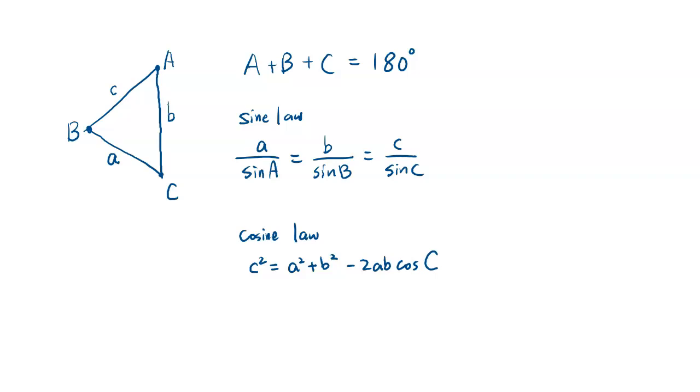Right, the sine law is rather easy to remember. It's very symmetric, right? Cosine law looks a little more complicated than the sine law, so many people have trouble remembering this. Well, think of it this way. Cosine law is an extension of the Pythagorean theorem, which is c squared equals a squared plus b squared. You knew this, right? And that happens when C is 90 degrees.